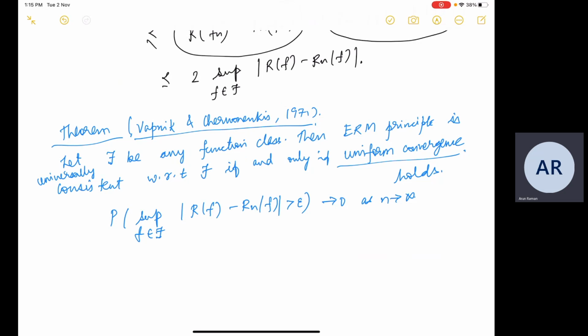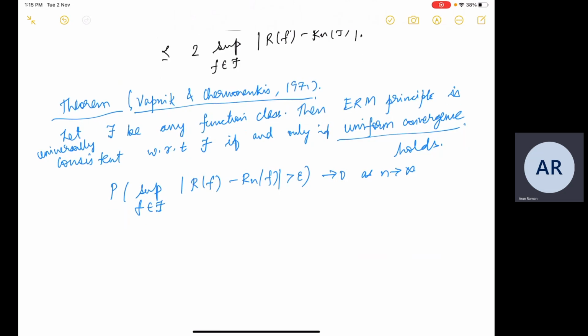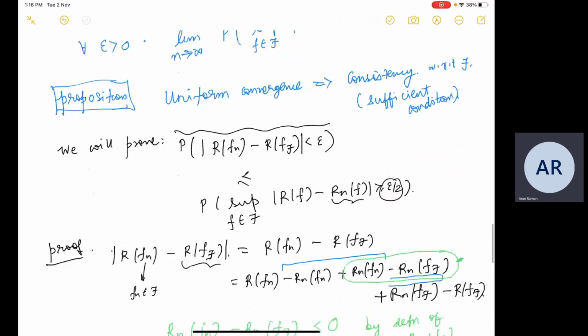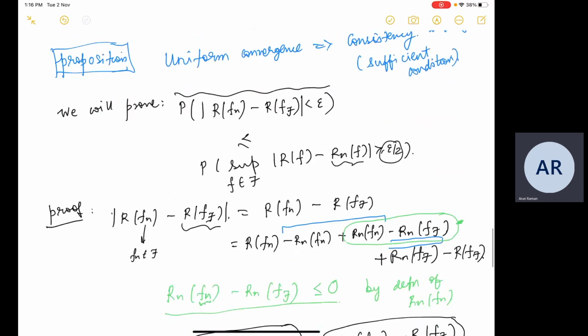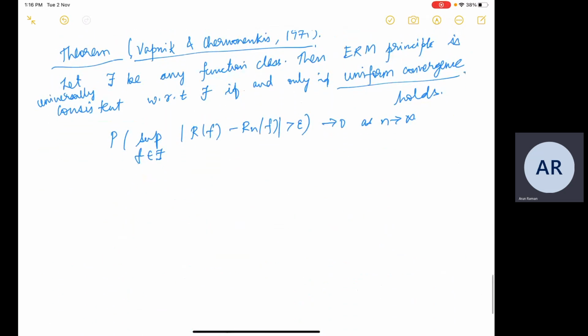We will not be discussing the proof that it is necessary. We have looked at half the proof, the sufficient condition, and we will not look at the proof for why it is a necessary condition.